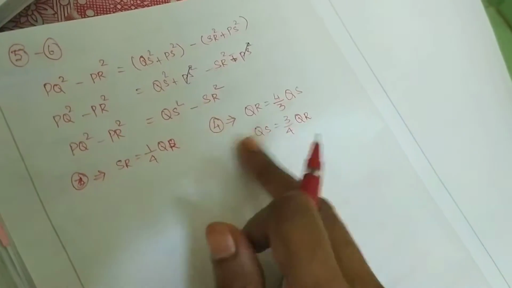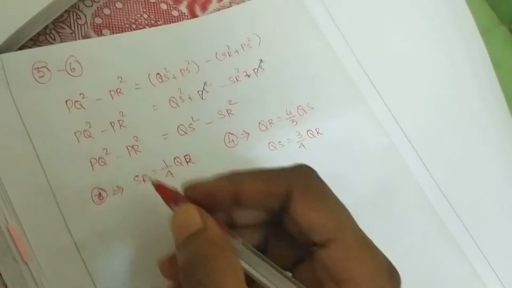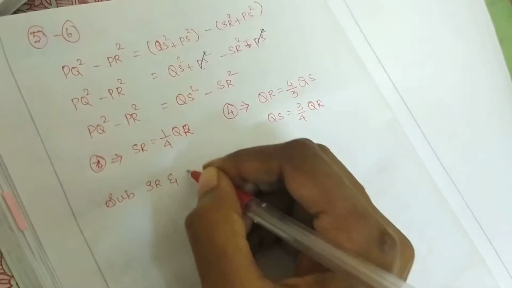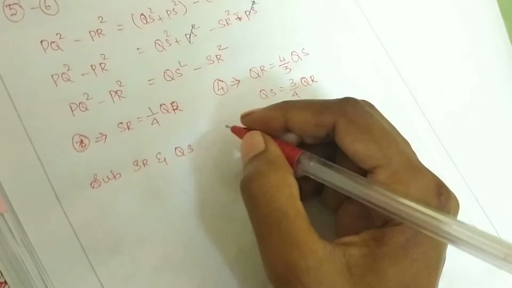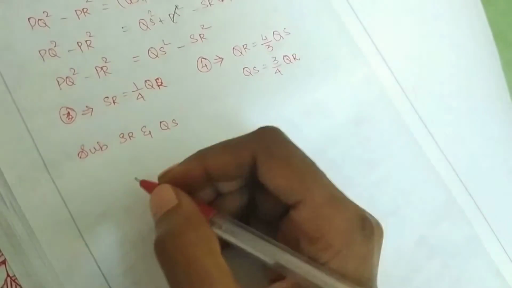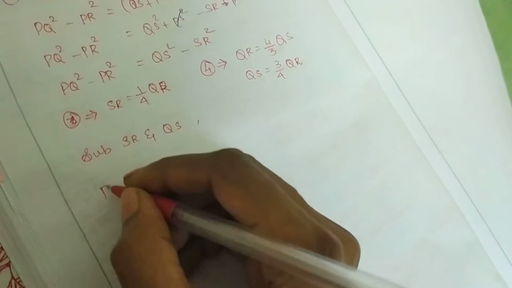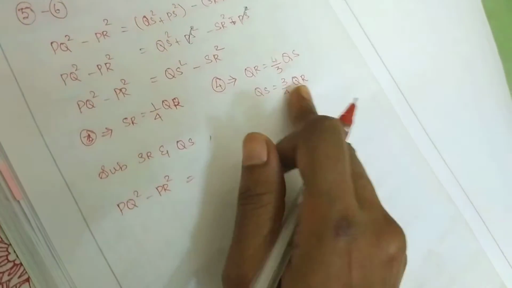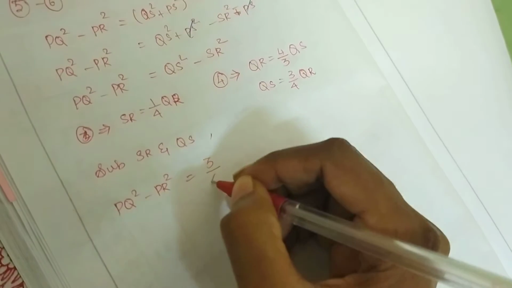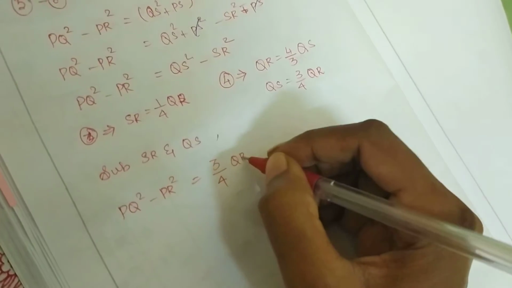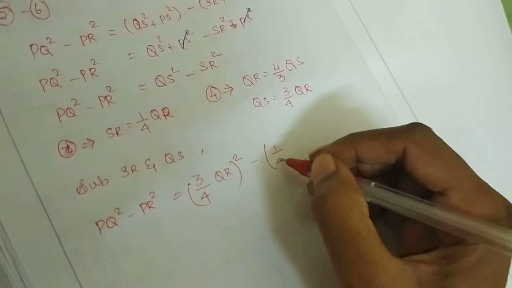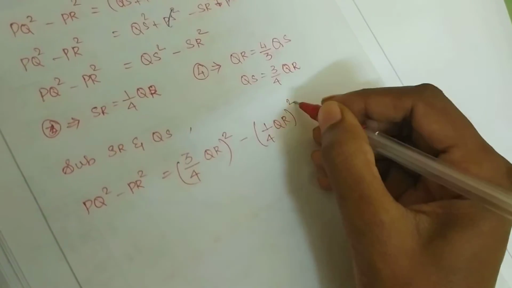So substituting SR and QS, PQ square minus PR square equals 3 by 4 QR the whole square minus 1 by 4 QR the whole square.